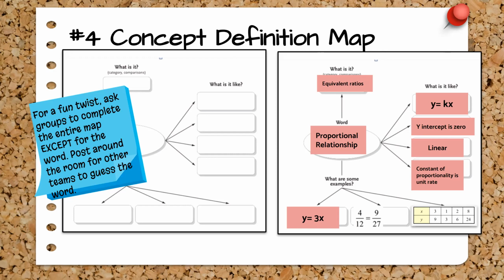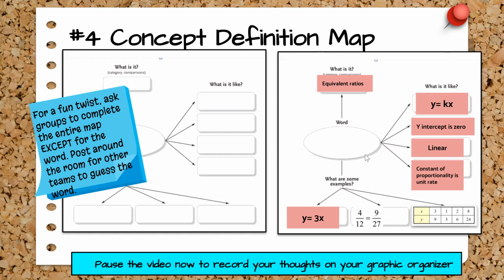And then we would have other teams of students walk around and try to guess the word that goes in the middle just by being given the characteristics and the examples and the category. So another fun twist on the average strategy, the concept definition map. Yeah, that's what it would look like with the word blanked out. So we would leave that word blank and have other kids try to guess.